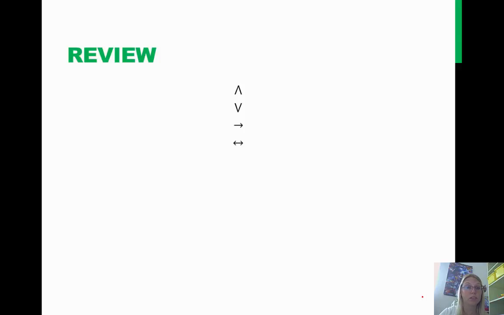So let's review. This is the last slide. Remember that this symbol means and. It's a conjunction. This statement is the or statement, and it's a disjunction.